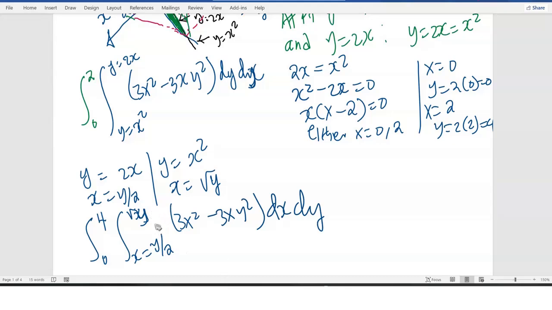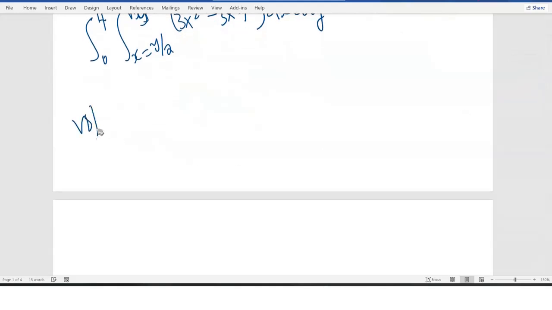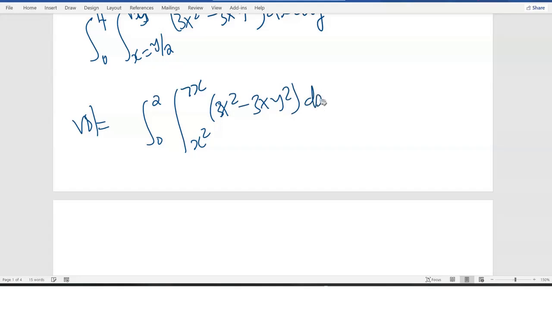But while evaluating limits, I meet a challenge of the square root of y. So if I want to move very fast, I avoid this root and I go with the first approach. So my volume is going to be integrated from 0 to 2, then I integrate from x squared to 2x, of 3x squared minus 3xy squared with respect to y, with respect to x.